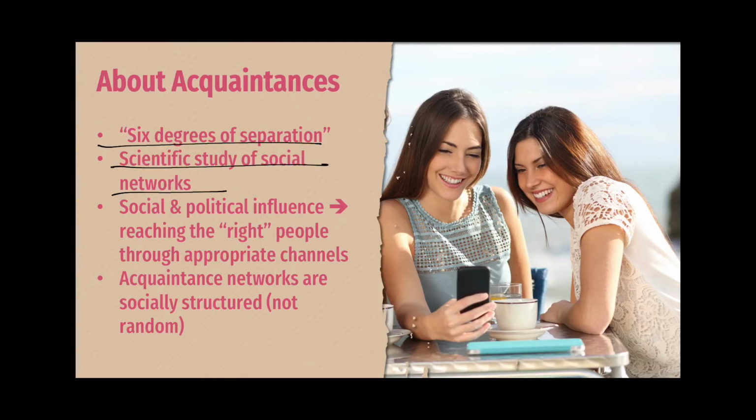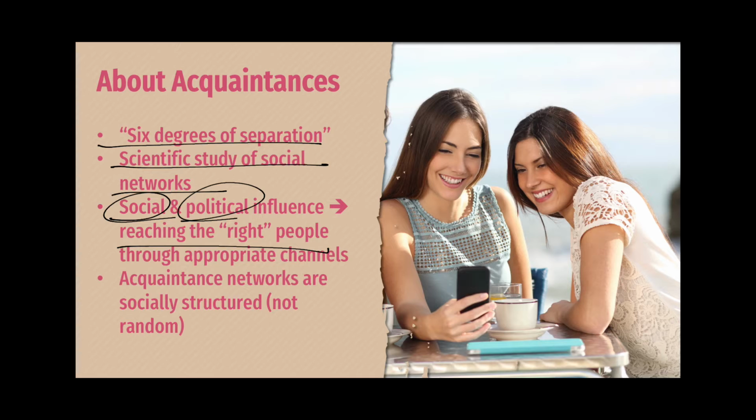As sociologists, we should understand that there are different social and political factors that influence the extent to which we are able to reach the right people through appropriate channels, right? The extent to which we are far from our target person to collaborate with, or the person we need information from, is based on our social and political influence.